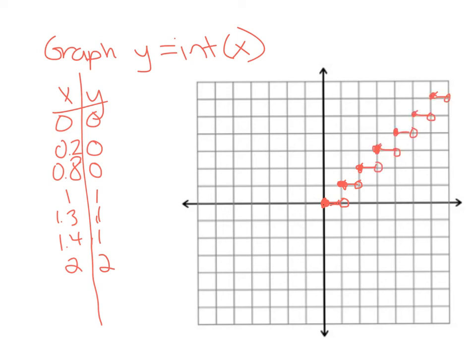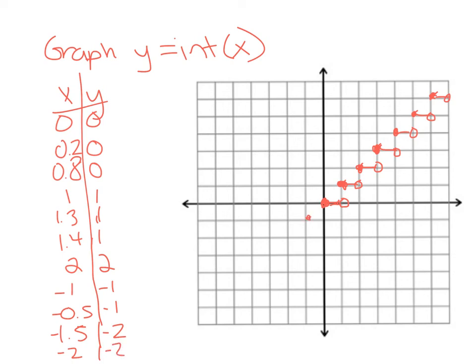Let's choose a few negative numbers. You might be able to guess the pattern repeats. For example, if we have negative 1, the answer is negative 1. If we have negative 0.5, that one is negative 1. If we have negative 1.5, that's negative 2. Negative 2 is going to give us negative 2 again. So let's draw a few of those.